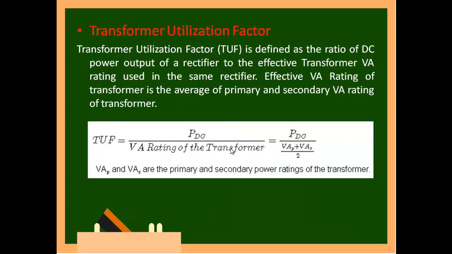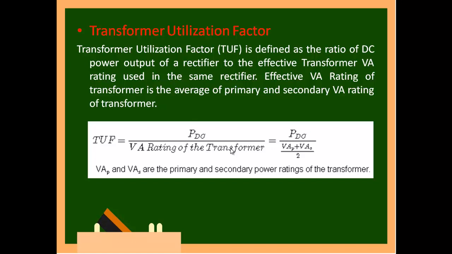Then comes your last parameter which we will compare, transformer utilization factor. See, when you say AC to DC conversion, on the input side you have a transformer, so you will have a step down transformer. So how effectively you are using the transformer?